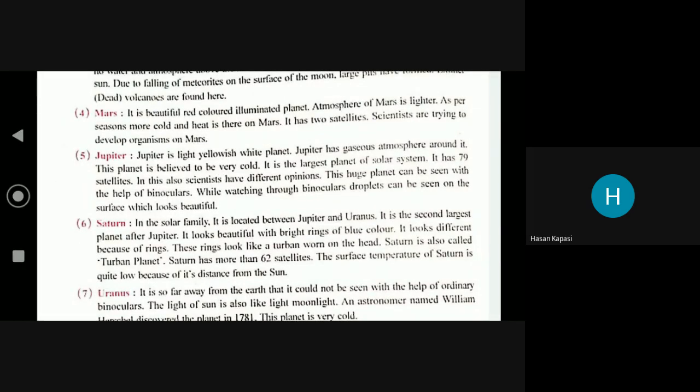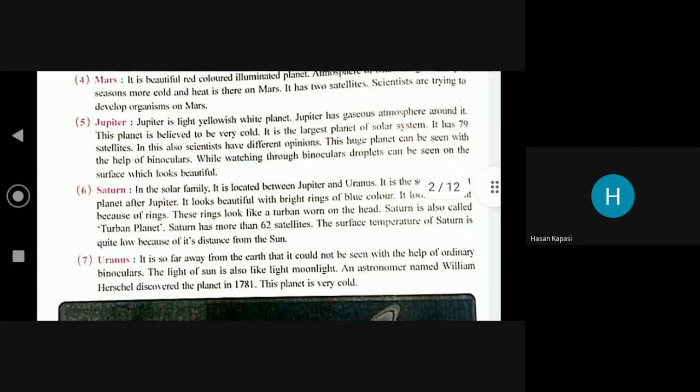Sixth, Saturn. In the solar family, it is located between Jupiter and Uranus. It is the second largest planet after Jupiter. It looks beautiful with bright rings.